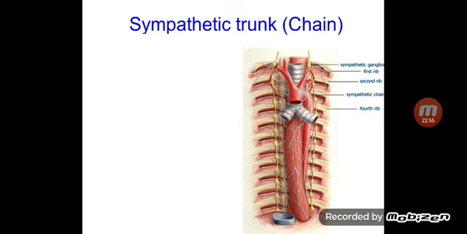True, the ganglia are located in the thorax, but their innervation supplies the abdominal viscera. The greater splanchnic nerve arises from the 5th to the 9th ganglia; the fibers from the 5th, 6th, 7th, 8th, and 9th ganglia all contribute. The lesser splanchnic nerve arises from the 10th and 11th ganglia. And the lowest splanchnic nerve arises from the last ganglion in the thoracic part of the sympathetic trunk, ganglion number 12.